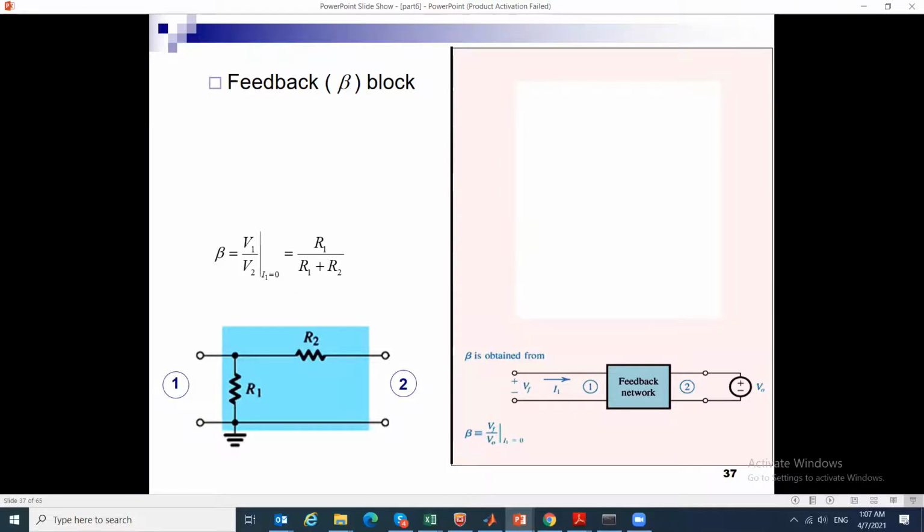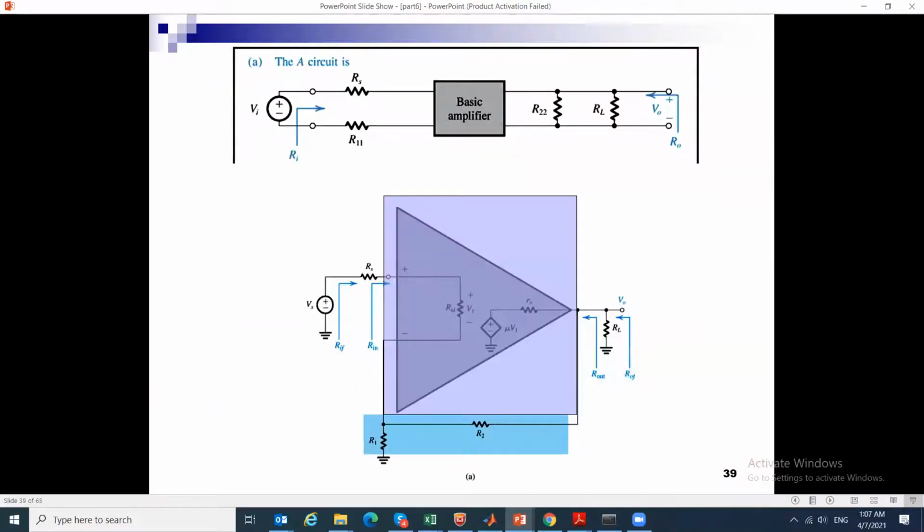Now what we look at is the big circuit, and we say, well, for the big circuit, I want to find the modified A circuit. Okay, so I'm going to remove the feedback, cut off the feedback from here and from here, and I'm going to plug in here R22, and at this node I'm going to draw here R11 in series.